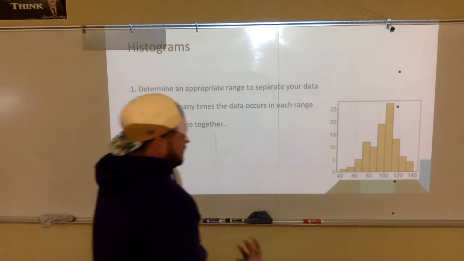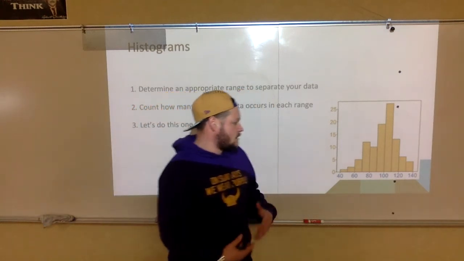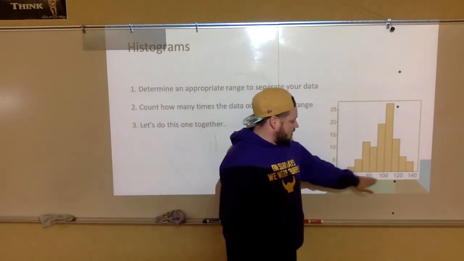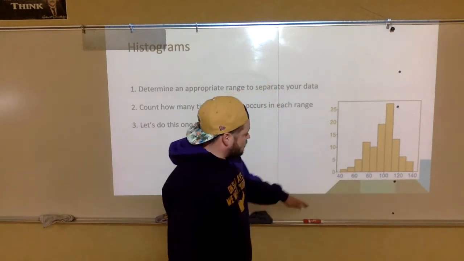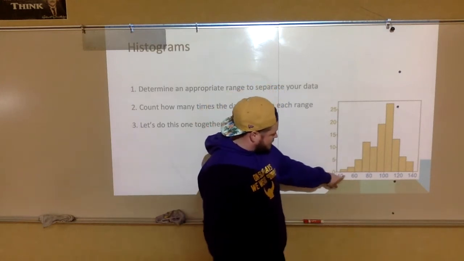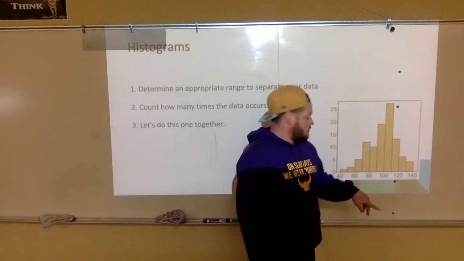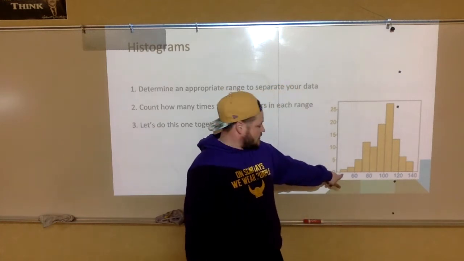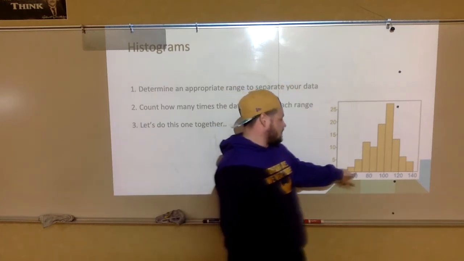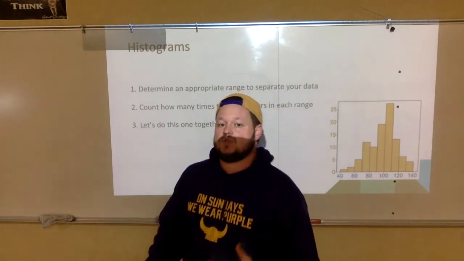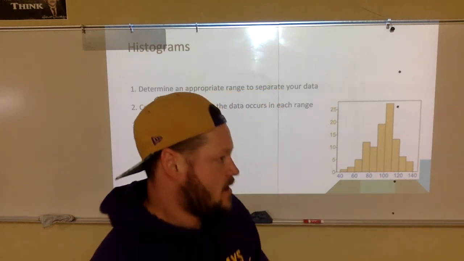So when you're making a histogram, it's important to figure out how you want to scale your x-axis. If you look here, from 40 to 60, it looks like every bar is about 10 units, right? From 40 to 50 is 10, 50 to 60 is 10, okay? And you can do that however you want.